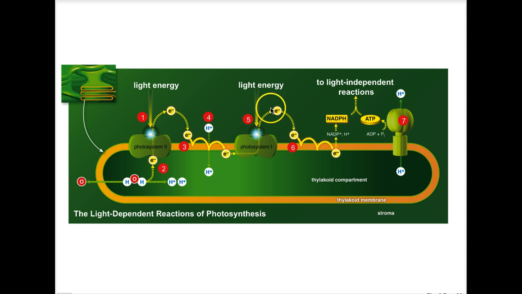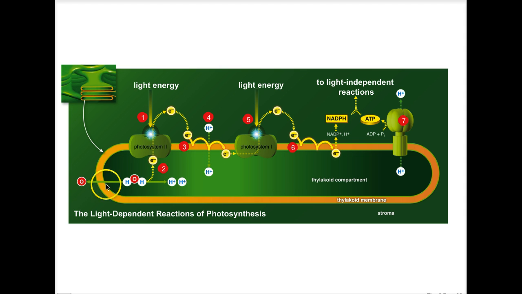Those excited electrons will then be passed in step 6 through another series of electron carrier molecules. And as those electrons are passed, they will combine with NADP plus and H plus, forming NADPH. So the electrons bond the NADP plus with the H plus. And basically NADPH is an electron carrier molecule that will be used in the light independent reactions.